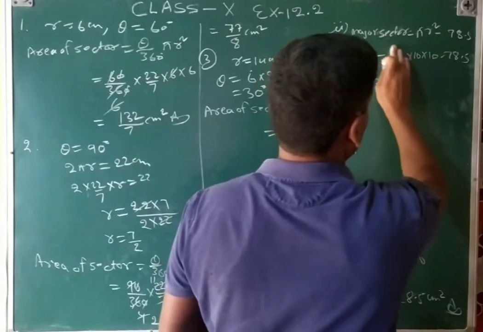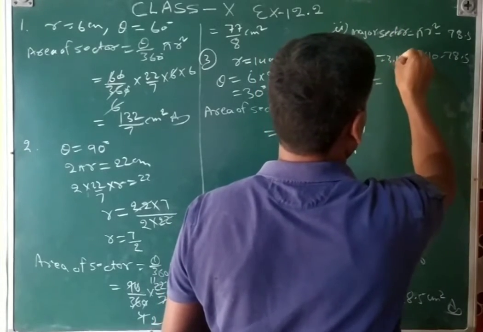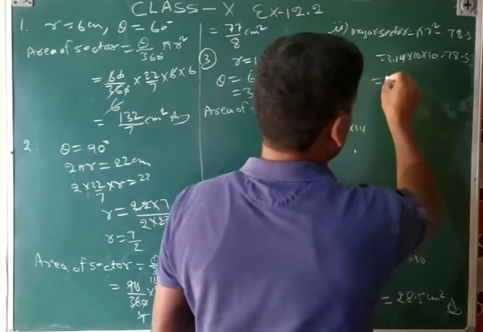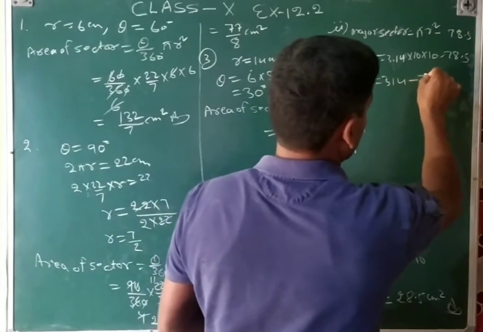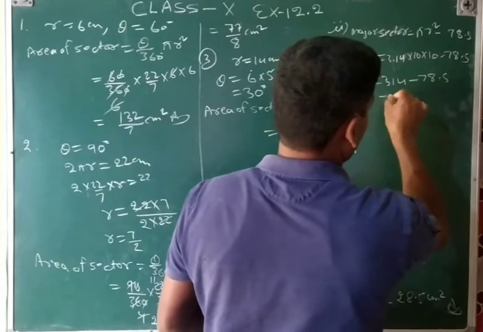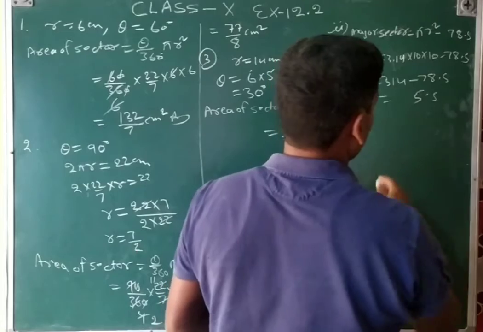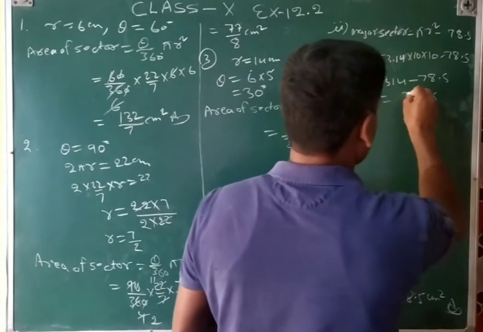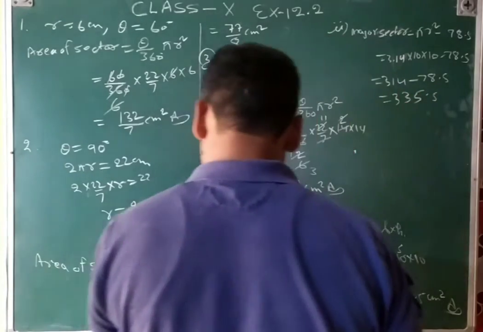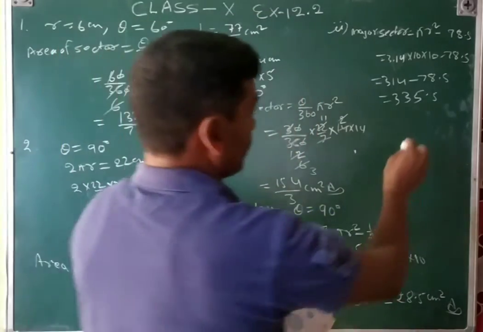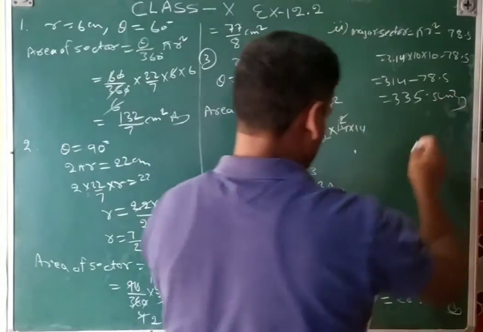So that this will be 3.14, so 314 minus 78.5, and then 10 less 5 5, then 13 less 5, and then 10 less 7 3, 335.5 centimeter square, answer.